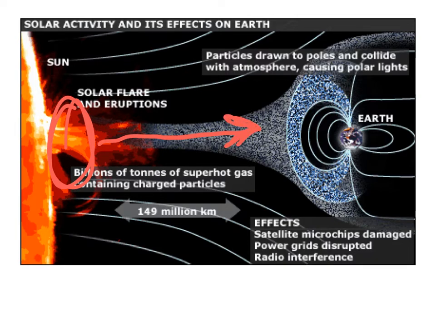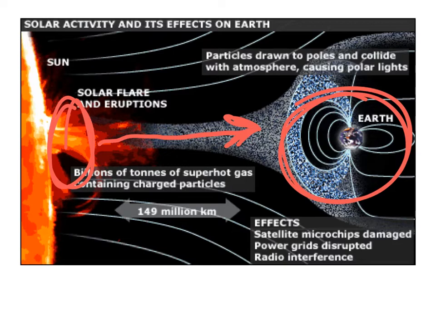And fortunately for us, though, this plasma, being charged particles, can be influenced by Earth's magnetic field. And Earth's magnetic field sort of shields us from these charged particles that come flying toward the Earth, which is good because that could be kind of dangerous for us.